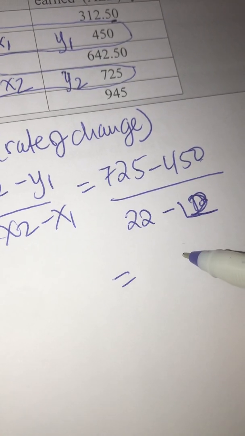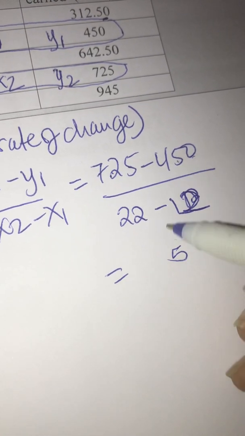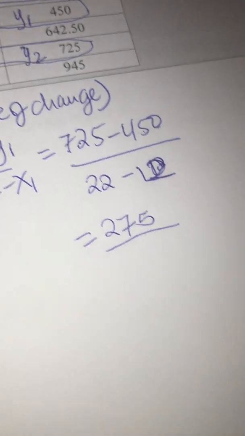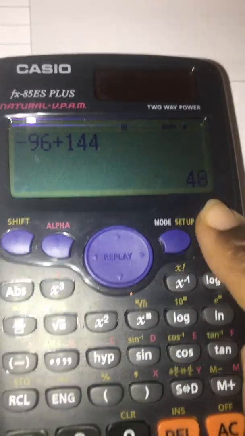This is 5. This is 7. This is 275. Let us check.